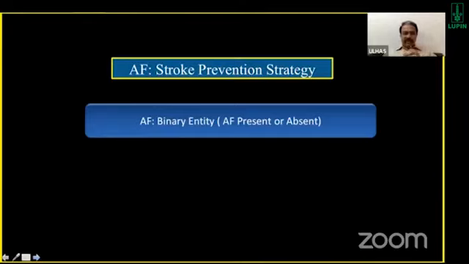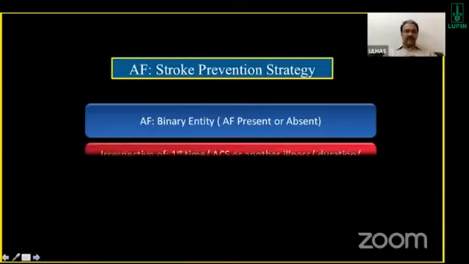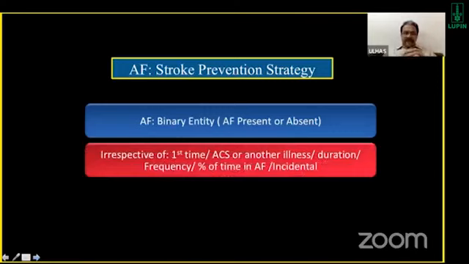We make the decision only on the basis of whether AF is present or absent, and this is known as the binary approach of stroke prevention, which in recent times is considered not really a great concept, because the burden of the AF also needs to be considered. So what does that mean? Why is a binary kind of approach not okay?